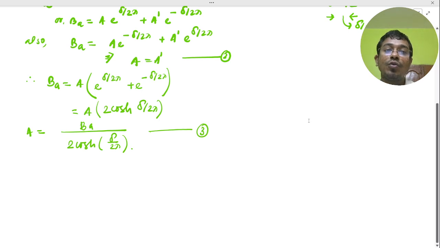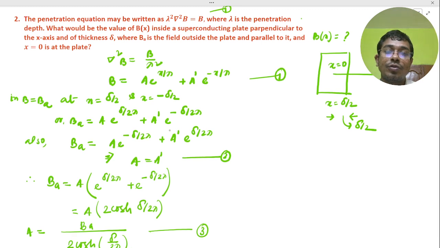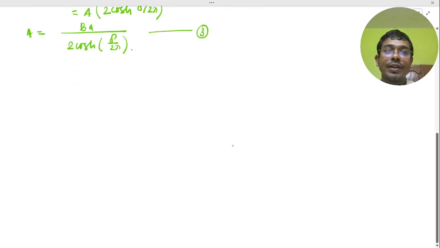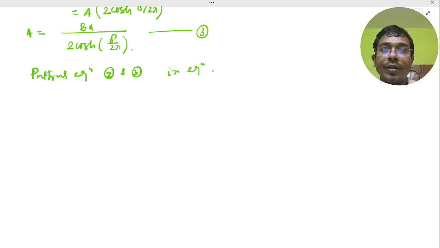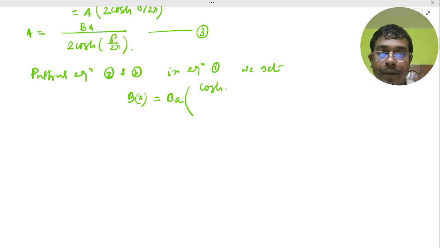So we put equations 2 and 3 in equation number 1, and we get that Bx would be Ba cosh of x by lambda divided by cosh of delta by 2 lambda.